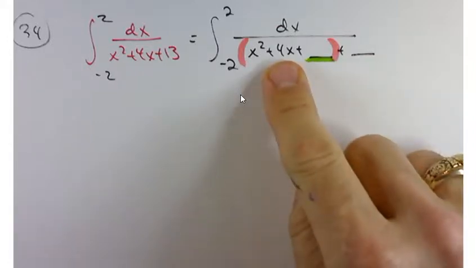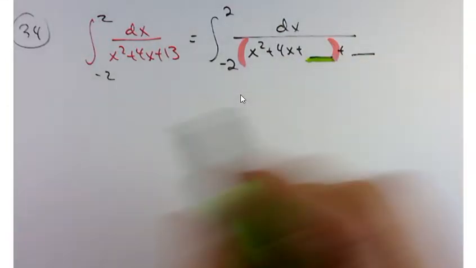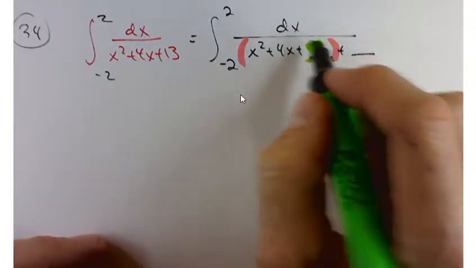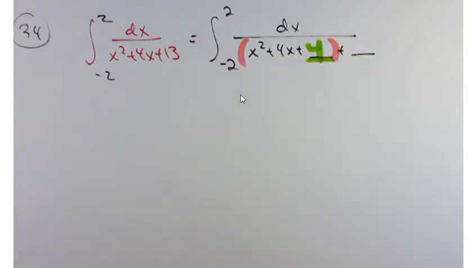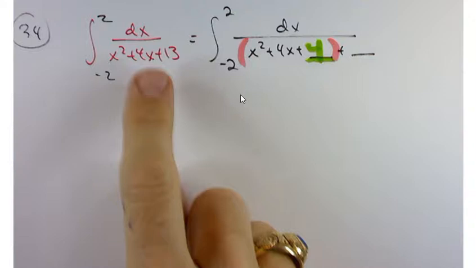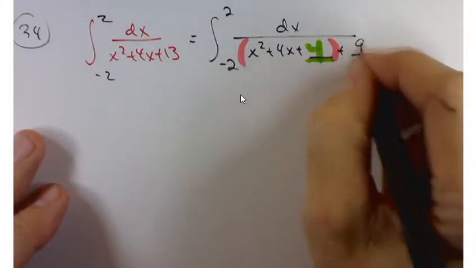Half of 4 is 2. 2 squared is 4. So I'll put a 4 here. Now if I put a 4 here, what's left over? Well, we're not adding it in and taking it out. We're just splitting this up. So I've got 4 here, and that leaves 9 here. So 9 there.